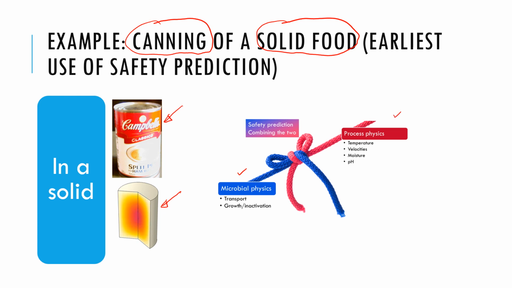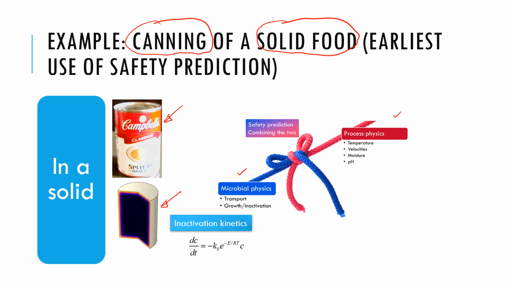So the microbial physics in this case is simply the first order inactivation kinetics, just like I described a few slides ago. And we can think of this first order kinetics as a very special case of our transport equation for bacteria.